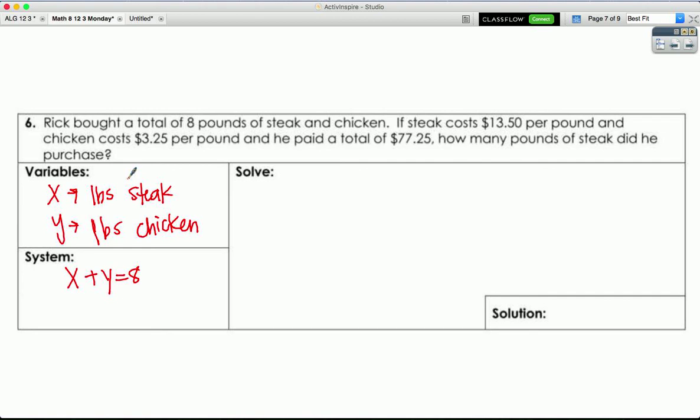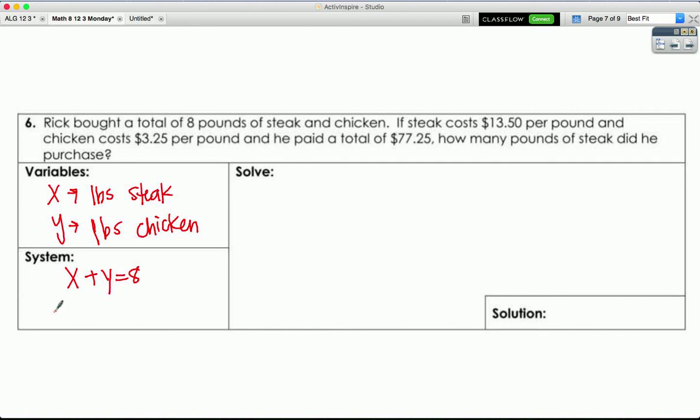The second statement says that steak was $13.50 per pound, chicken $3.25, and a total cost of $77.25. Jude, help me set up the second equation. Okay, Tori, I see your hand way over there.